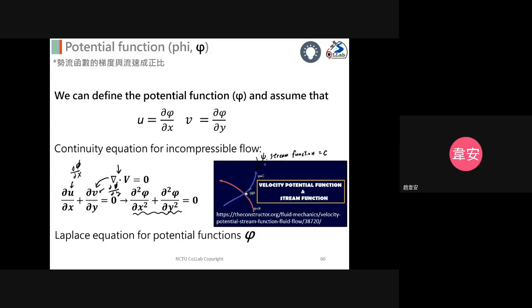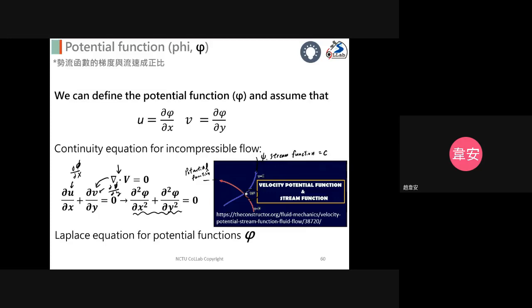So the contours of the stream function are the streamlines. The blue lines here are streamlines, and the red lines here are the potential function lines. You can see clearly that the potential function lines are always perpendicular to the streamlines.